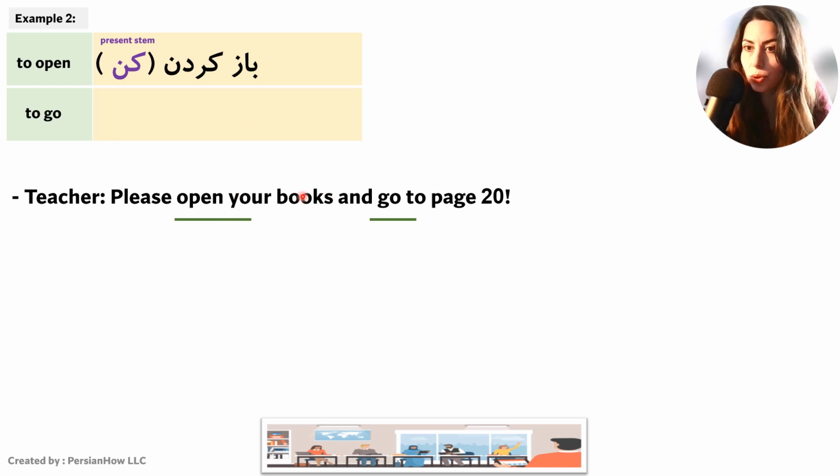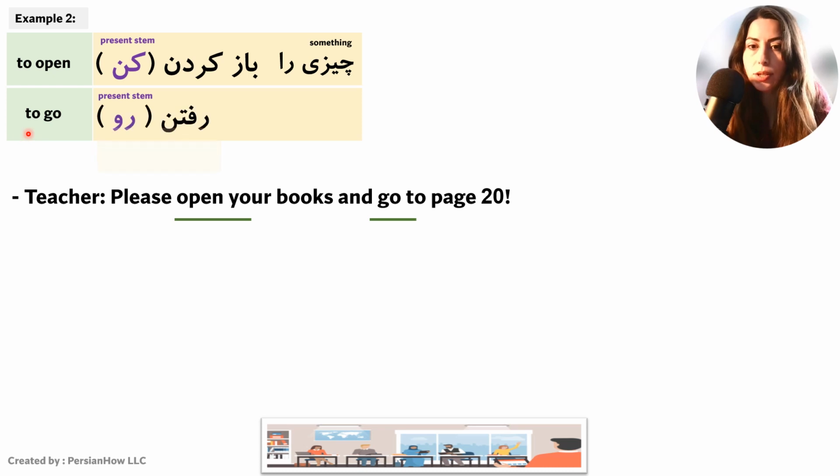It would be your book. So it would be چیزی را باز کردن, because your book is specific. We're not just talking about any books. We're talking about your book. So we'll trigger را. The second one is just to go رفتن. Preposition به جایی رفتن. In this case, جایی would be like page 20.